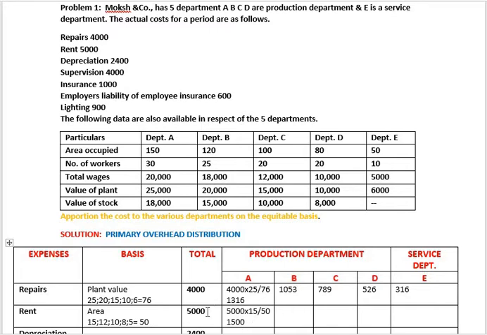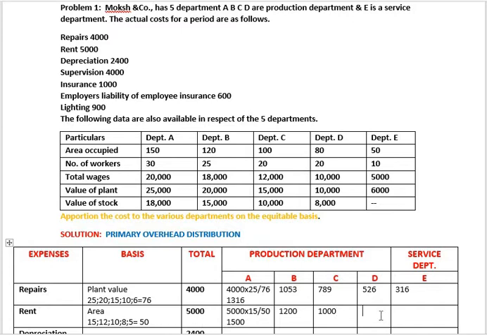Similarly, distribute this 5,000 to the remaining department. So department B, you will get 1,200. So how did we get this 1,200? Same procedure. 5,000 into 12 divided by 50, you will get 1,200. Next for department C, 1,000. So how are we going to get this amount? 5,000 into 10 by 50.